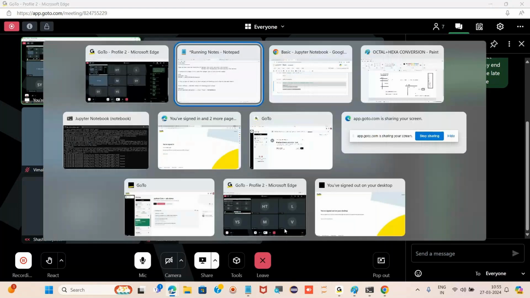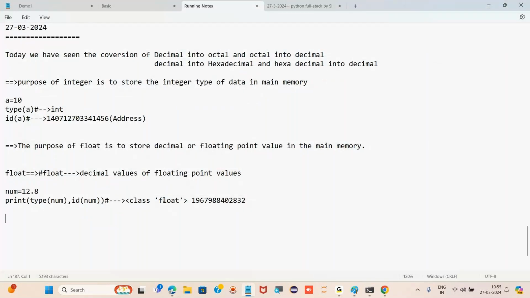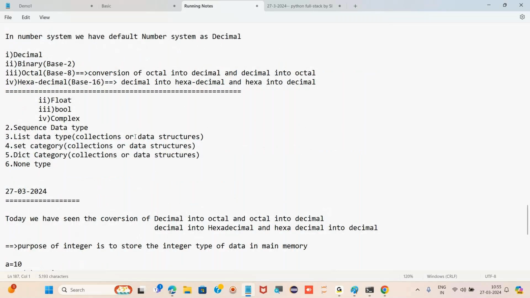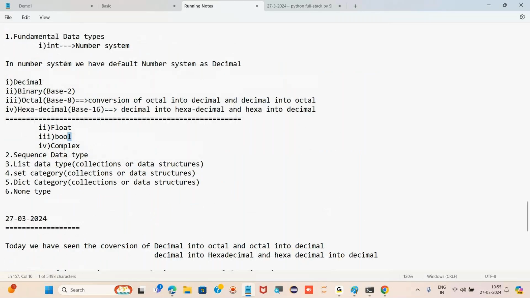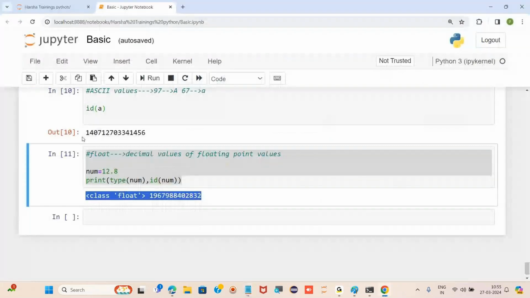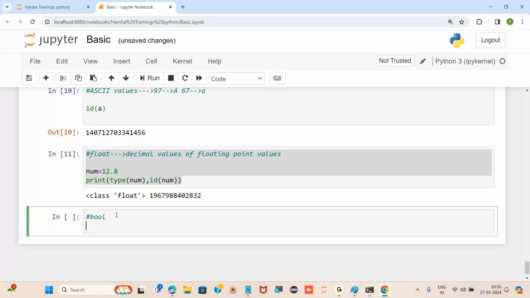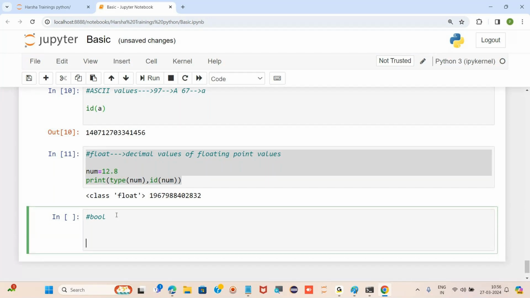Next. Till now, integer we have seen, float we have seen. Now it comes to boolean. Now we are going to see what is boolean. Boolean is simple.